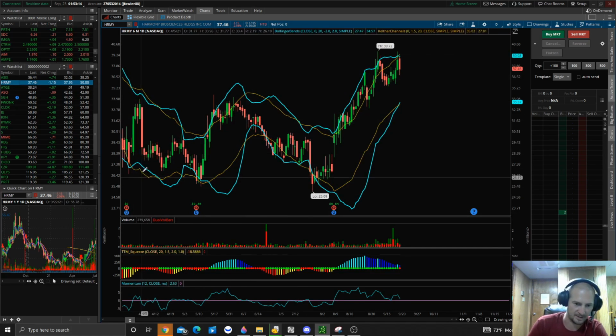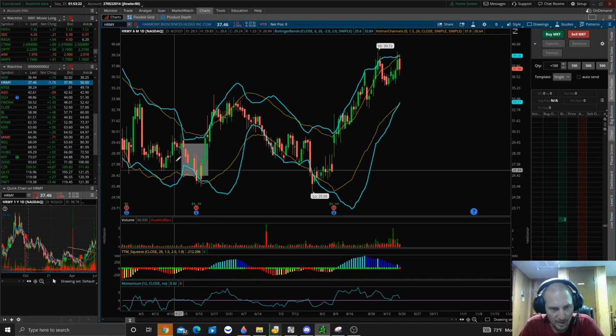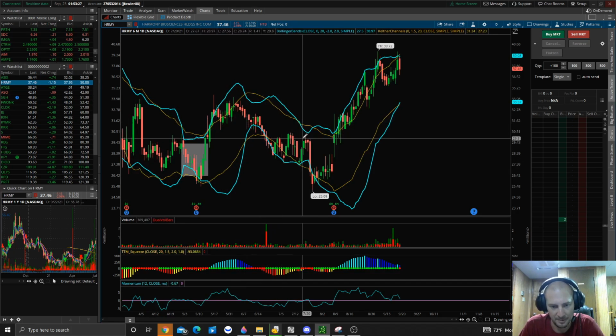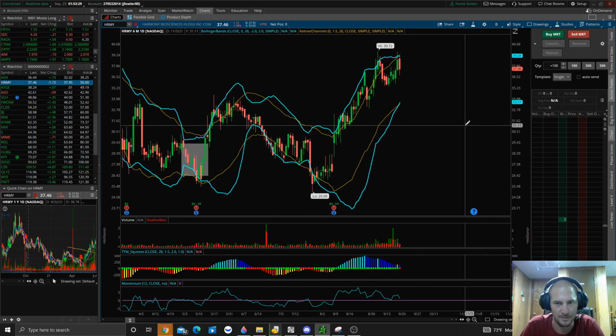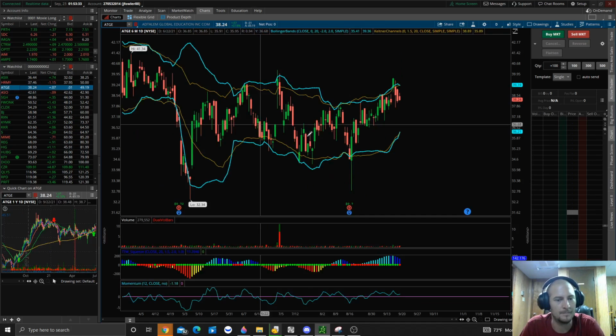Another story here. See here, this price action is choppy. This is not a good squeeze. It does end up making quite a decent bit of money, but choppy price action does not make for good squeezes. Same thing here. I would just completely ignore this one. Again, choppy price action.